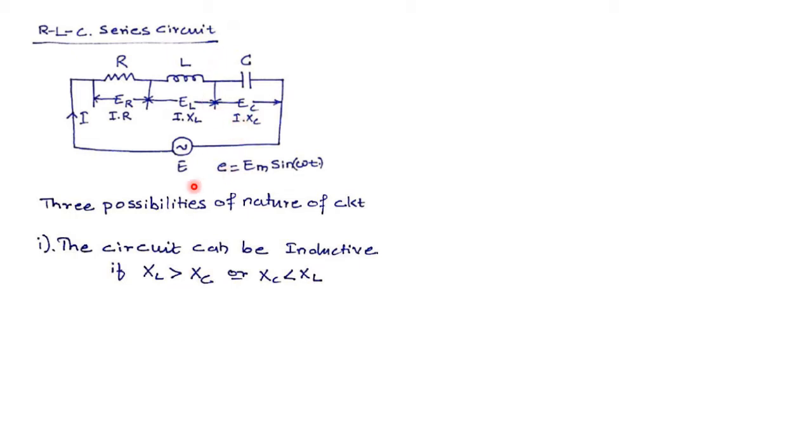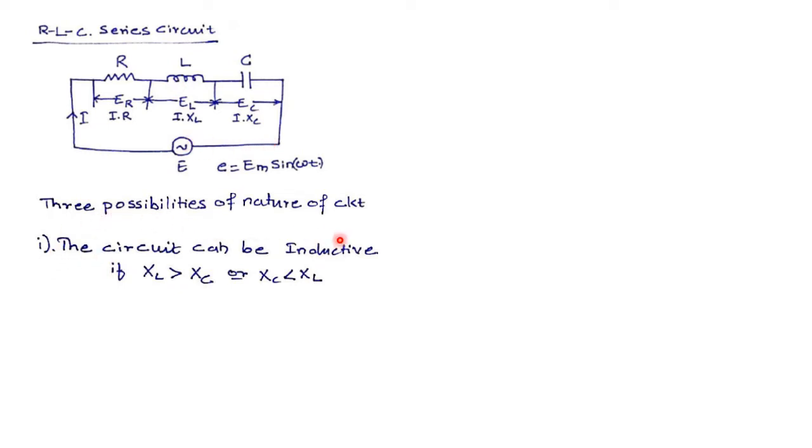You might have already studied series resonance. In that case, XL equal to XC is the condition when series resonance occurs. That is the point when the current in the circuit reaches its maximum value, or its highest magnitude, at XL equal to XC. We will come to that point when we see what happens with XL equal to XC.